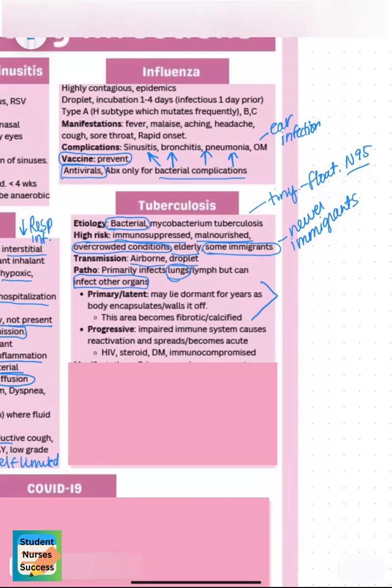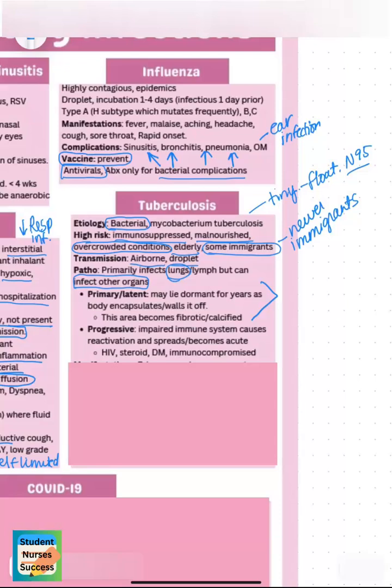And that's really helpful because you won't get the symptoms of tuberculosis. And it can lie dormant for years and years and years. Our T cell mediated immunity does that. Now, this little walled off area will become calcified and fibrotic. However, if it's a tiny area in your lungs, it's not going to be a huge ordeal for you.